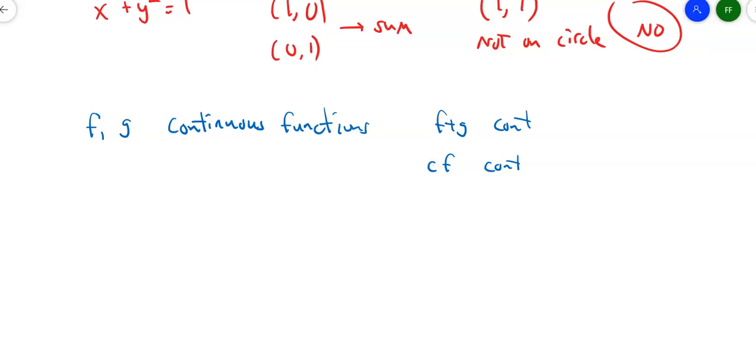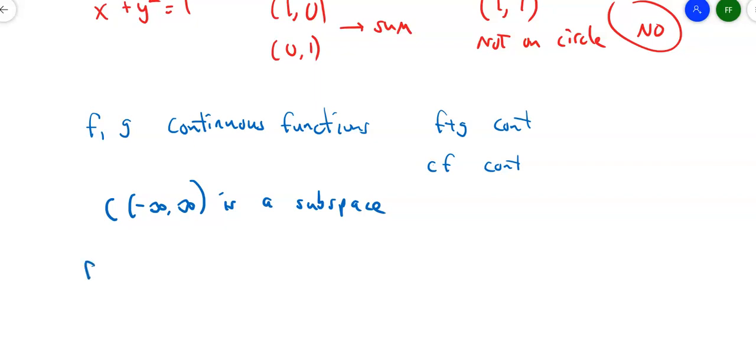So those continuous functions are a subspace. And so you could say that the set of all continuous functions on the interval from negative infinity to infinity is a subspace of all functions from negative infinity to infinity.